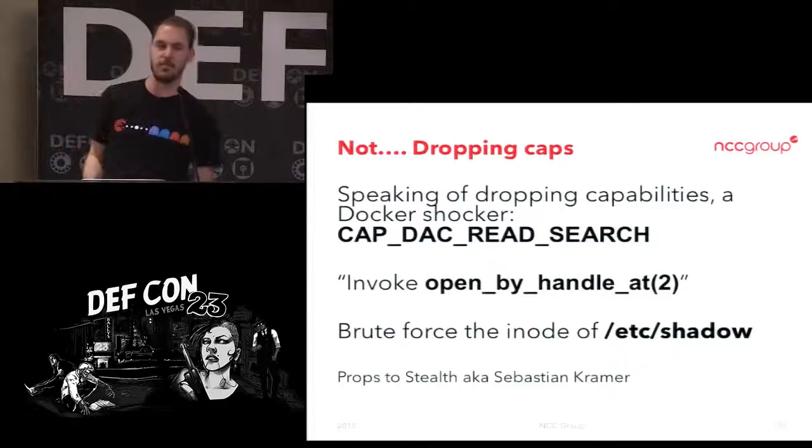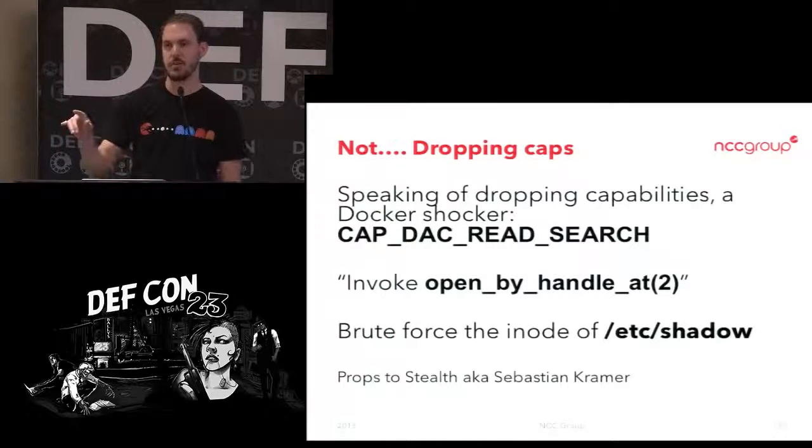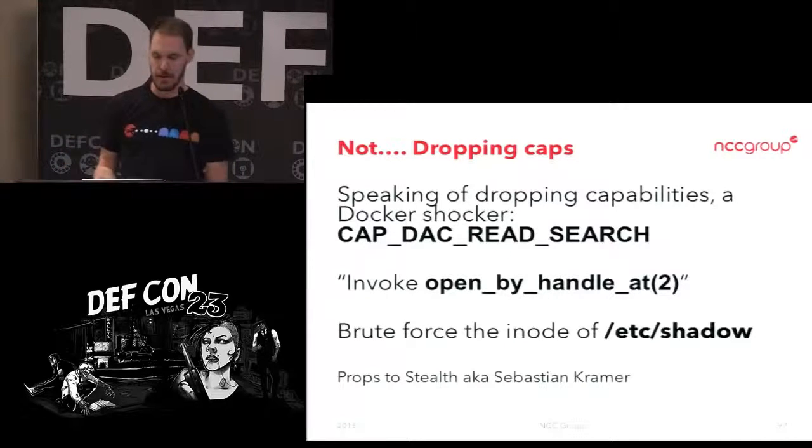They probably thought, oh, whatever. But it turns out that if you actually use that syscall and you do some other tricks based on inodes and other things, you can essentially brute force the inode of /etc/shadow in the host and read it from inside the container. And obviously there's other attacks you can do related to that. But that was something that really gave the capability model a good example of why you need to drop the ones that you don't really need because they're complicated.